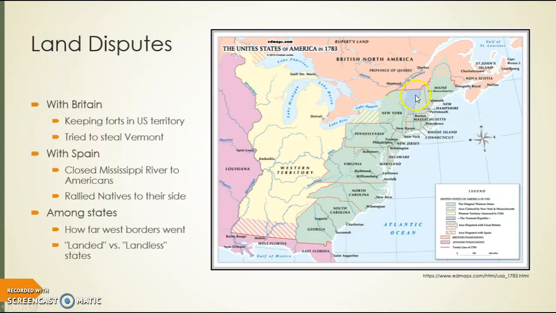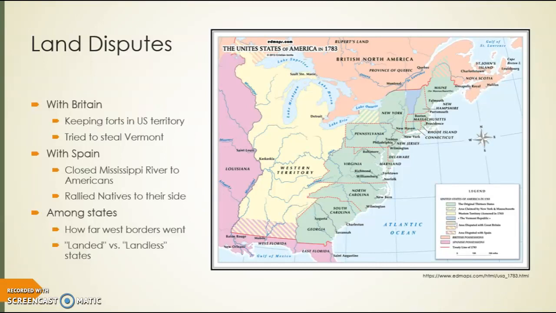The ones close to Canada, they kept maintaining. They encouraged and even instructed Canadians to maintain these forts and trading posts, even though they were within the U.S. boundaries. And they thought that when the Continental Army disbands after the war, the United States wouldn't be able to enforce or protect that land.